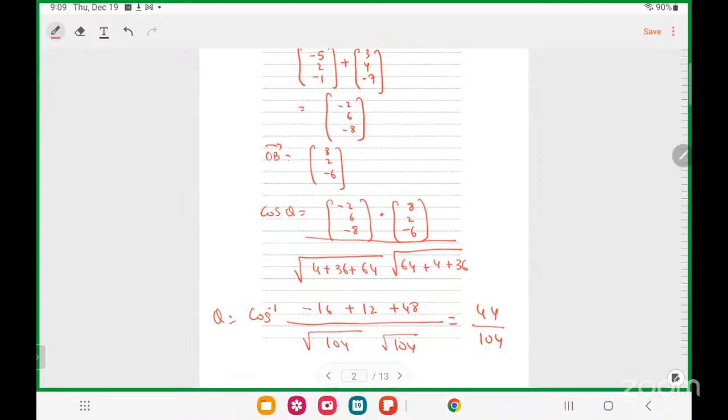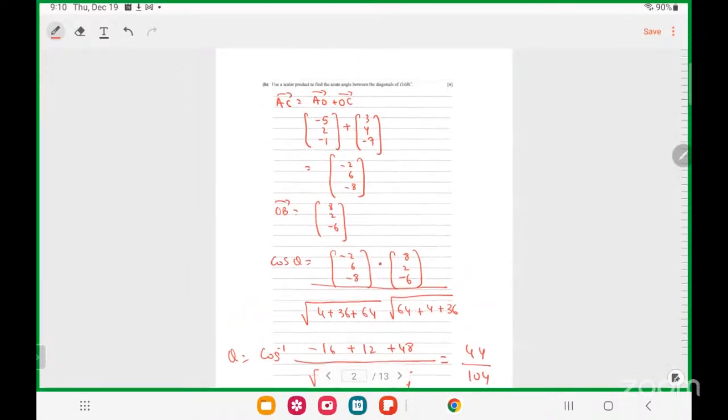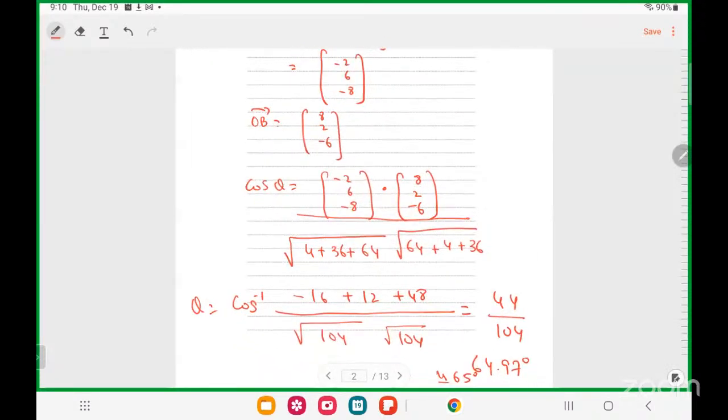Cos inverse is 64.97 degrees, which is approximately 65 degrees. Is this clear, everyone? I hope this makes sense. I hope you all have understood.